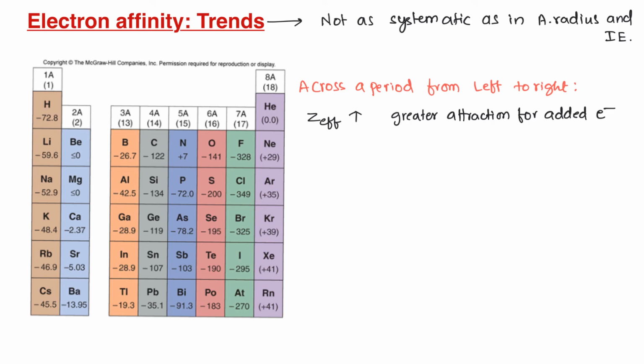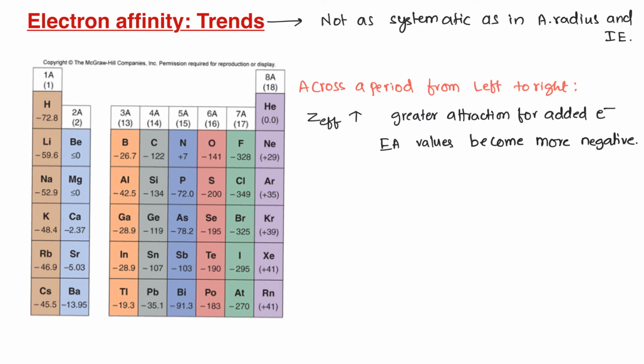Therefore, the likelihood of an atom to gain an electron increases and the electron affinity values become more negative. Even though this is the general trend, there are several exceptions that can be explained considering how the electron-electron repulsions change as a function of electron configuration.